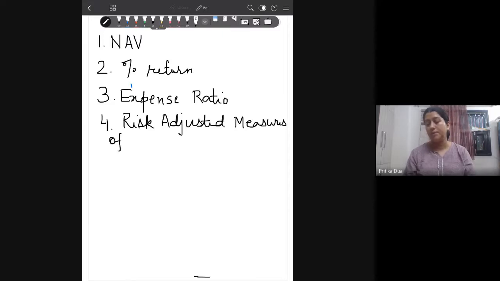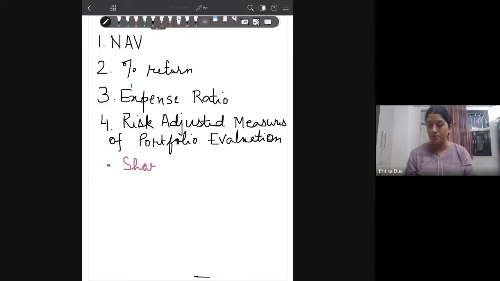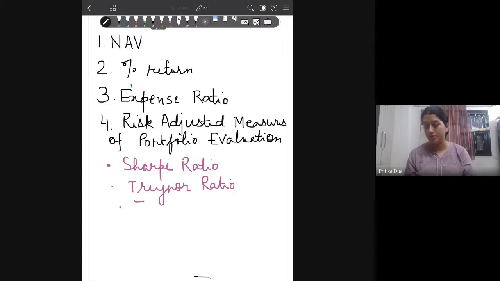So it's not only applicable to mutual funds, but if you are holding a portfolio of securities, then you can apply these same measures. So under this, we have three measures which we'll be doing today: the Sharpe ratio, Treynor ratio, and the Jensen ratio.